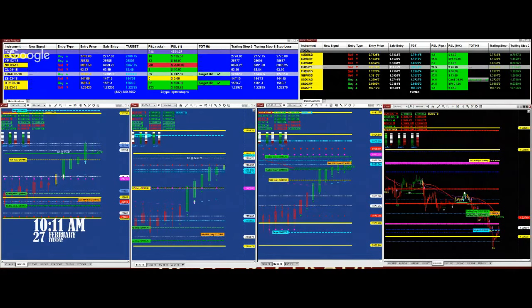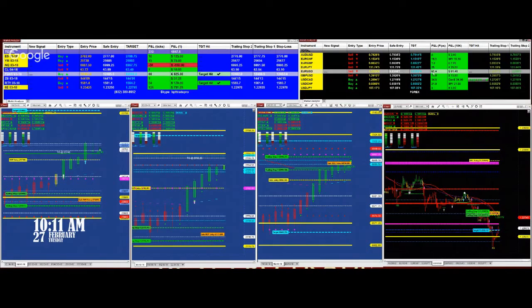On the euro dollar, we have this one here based on the $10,000 on the forex, and you can see your PNL. We are using 10K for the forex, we're not using 100,000. We are using 10K as a mini account, and you can see how many pips did the target, which made 62 pips. This is not bad at all.